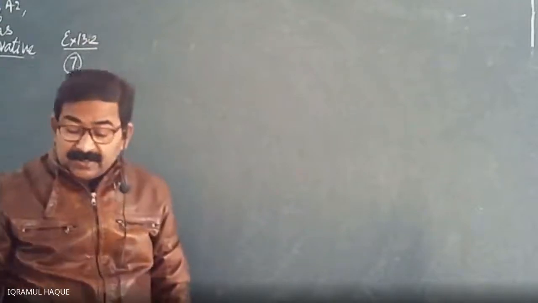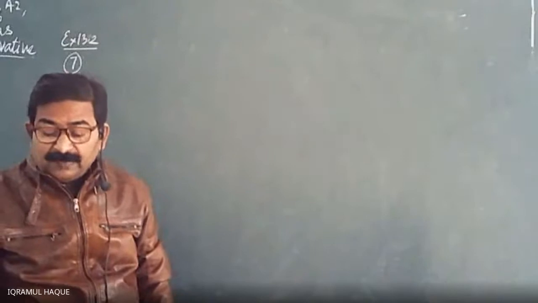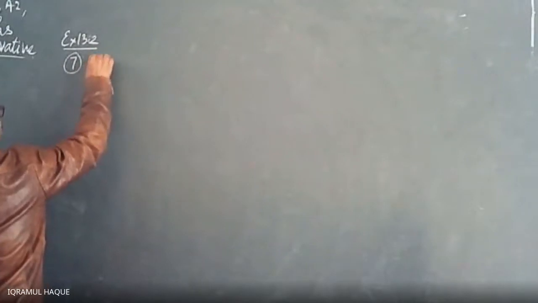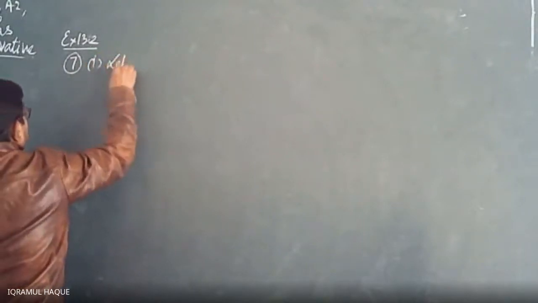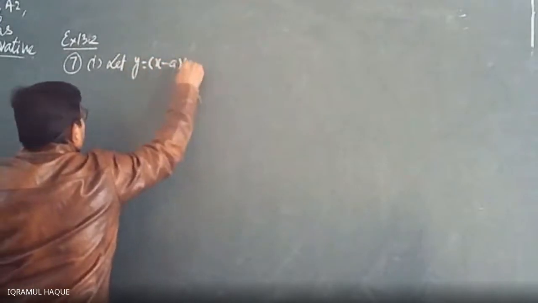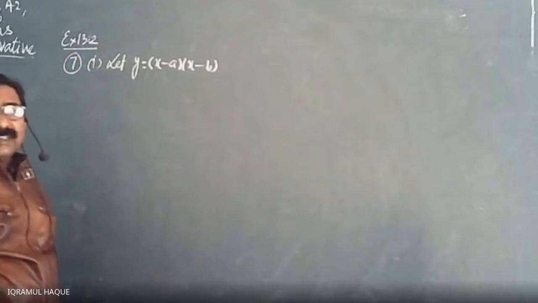The question is, for some constants a and b, find the derivative of the first part, (x minus a)(x minus b). First part, let y is equal to (x minus a)(x minus b), or you can write f(x) is equal to (x minus a)(x minus b).